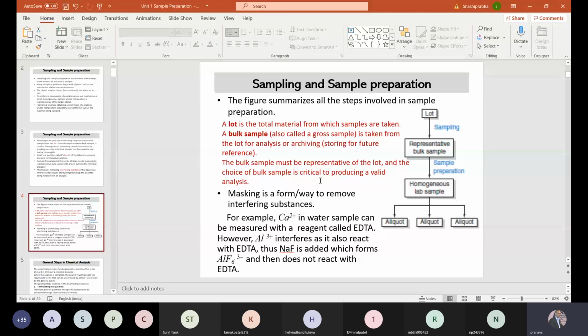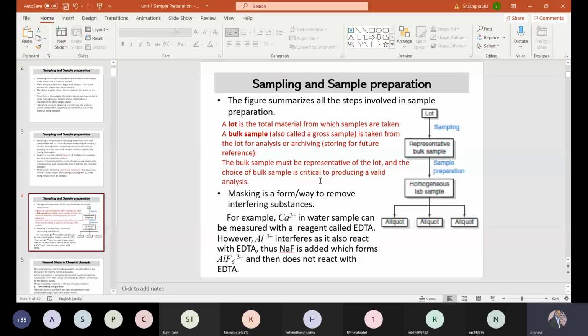And this process is known as sample preparation. So you try to prepare a homogeneous lab solution or sample. And once you have prepared a homogeneous sample, then you take a suitable aliquot, a small volume which could be directly used for analysis.